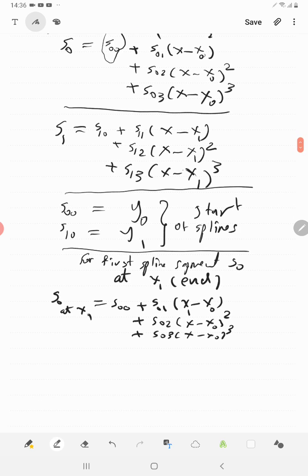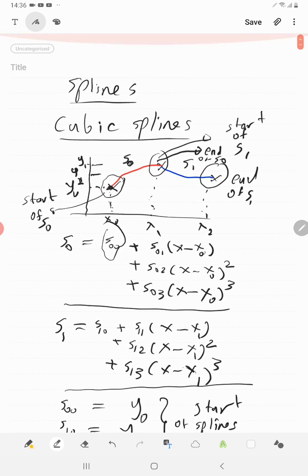We evaluate the function of S0 at x1, just replacing x with x1. Then this should equal y1. We look back here: the end of the segment should equal y1.